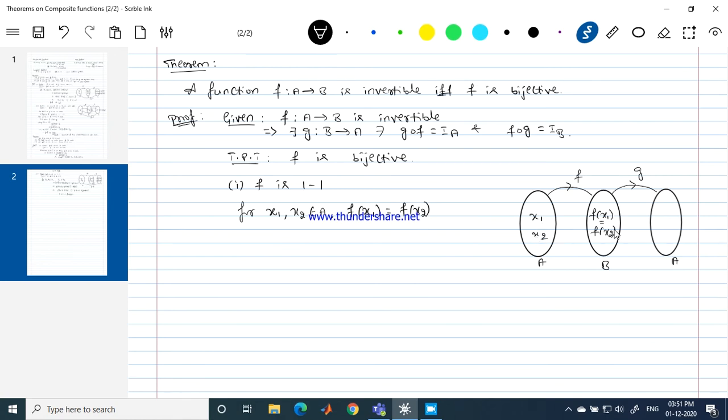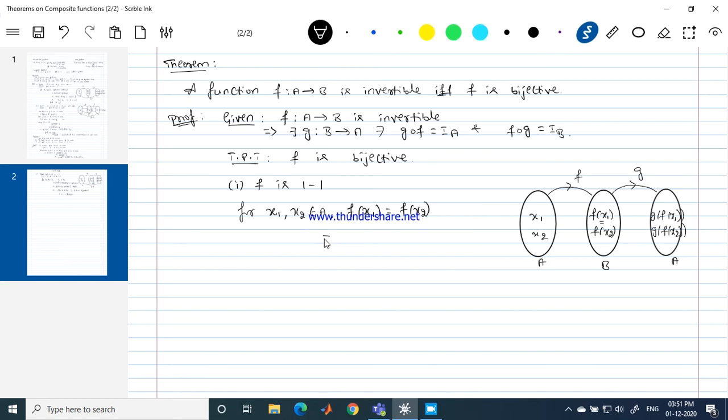So to prove that, since G is a function from B to A, we are expecting that the image of F of x1 and the image of F of x2 must be the same. That is, G of F of x1 must be the same as G of F of x2, because if these two are the same and their images are different, a single element will be having two images. That is not true for a function G.